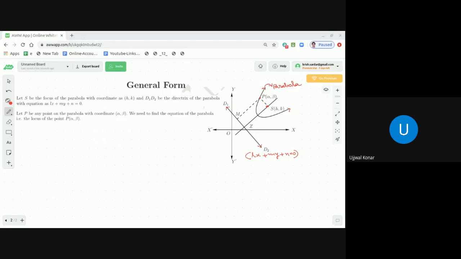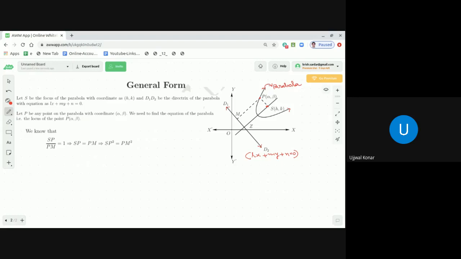That means SP is equal to PM, correct or not? As SP and PM are lengths of line segments, their squares should also be equal. That means SP square is equal to PM square.